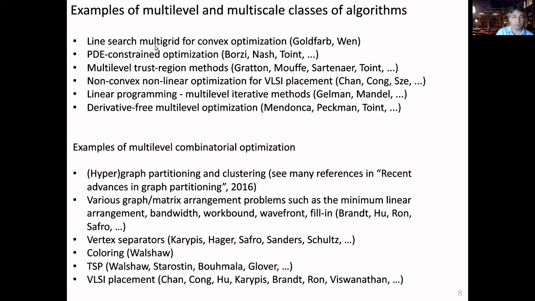So people use multigrid-inspired strategy in convex optimization, and in PDE constrained optimization, and trust region methods, in derivative-free optimization. These methods are really successful in many different types of NP-hard optimization problems.